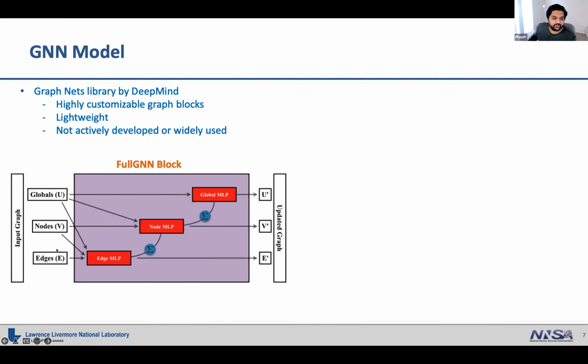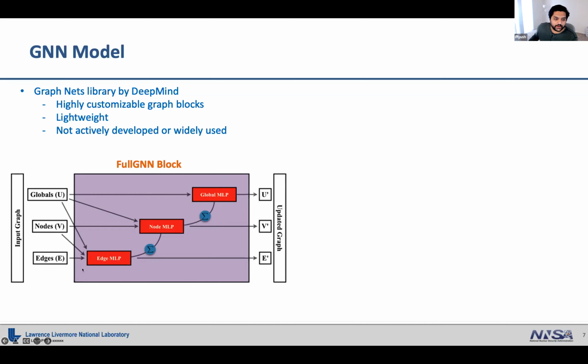And this happens at every edge. There are flags that tell the edge which nodes to look at: do I want to look at both the connected nodes, or only the receiving node, or the node the edge is sending to? So that's the first step.